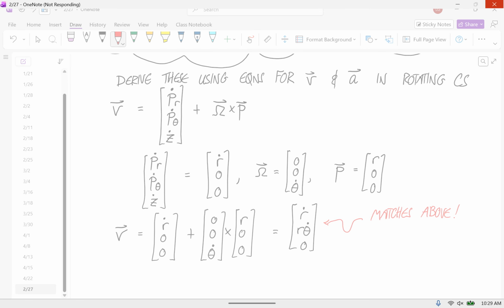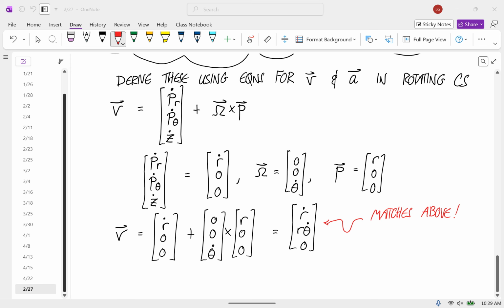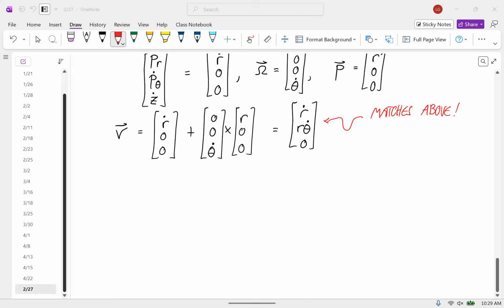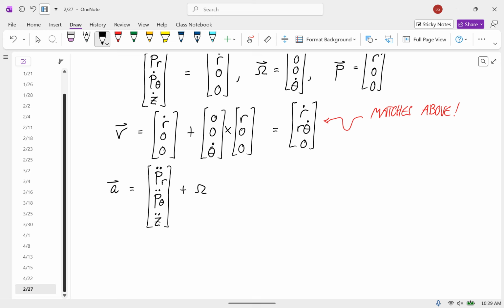And now we're going to do the same thing for the acceleration. We just have more terms to worry about. So the acceleration of a particle in polar coordinates is the second time derivatives of the position components, plus omega dot crossed with the position vector.